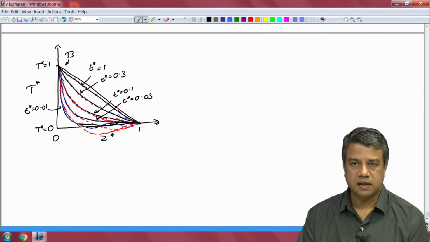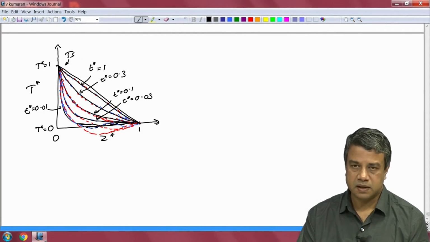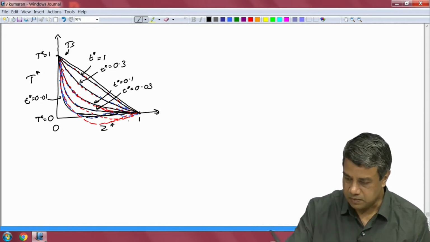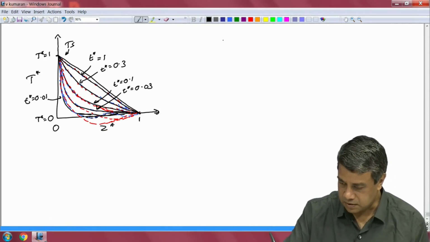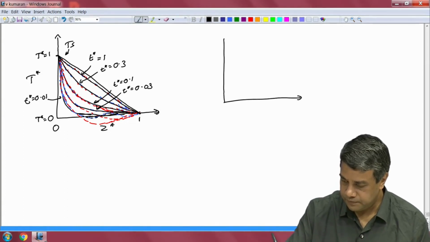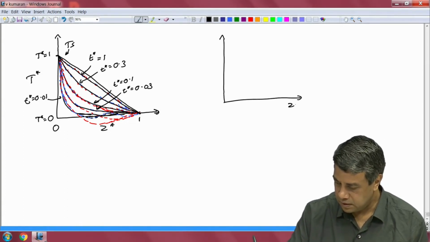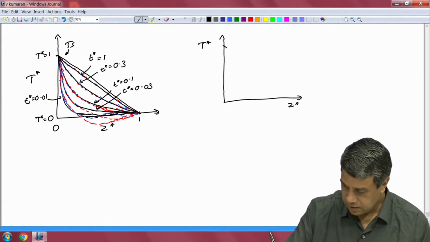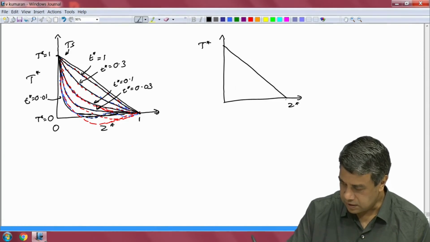At very early times, we can go back to our other solution. So, let me just illustrate that here. So, this is the steady solution.